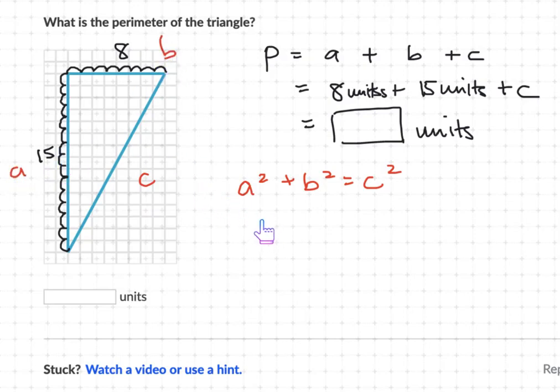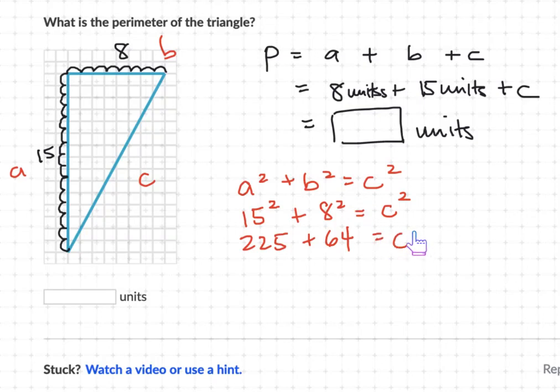I can label a, b, and c on my triangle. 15 squared plus 8 squared, still trying to figure out what c is. 15 times 15 I will put in my calculator. That's 225, plus 8 times 8, 64, equals c squared.